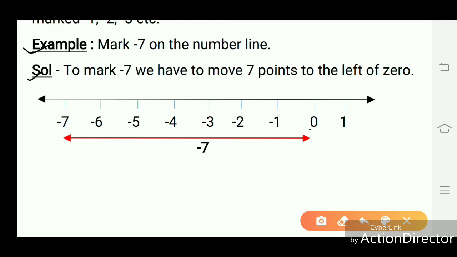First we put 0, and on the left hand side we mark -1, -2, -3, -4, -5, -6 and -7. These are negative integers, and I take here one positive integer, +1.